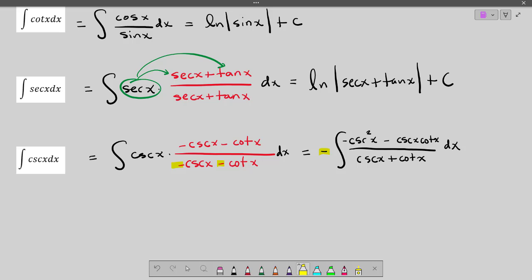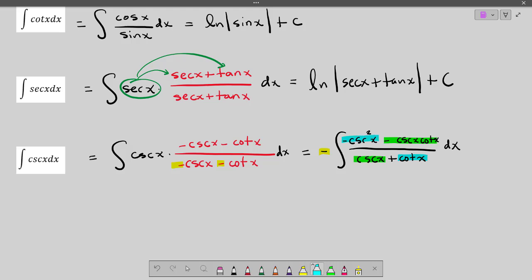And let's see, is it in log form? What's the derivative of cosecant? Negative cosecant cotangent. So the derivative of cosecant, all right, that's right there. And then what is the derivative of cotangent? Negative cosecant squared.